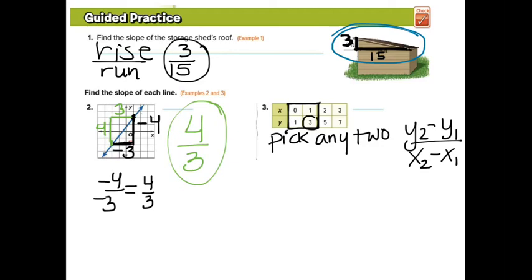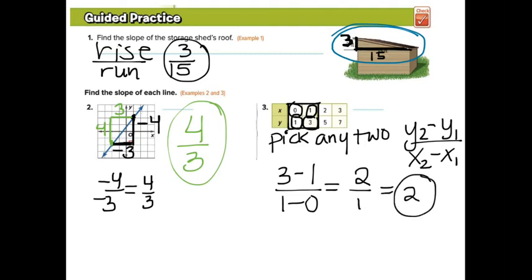So my second y is a 3 minus 1 over second x minus the first x. I end up with 2 over 1. Slope would be 2.